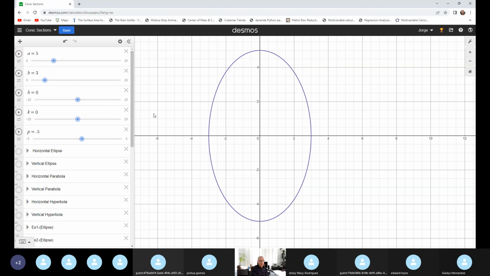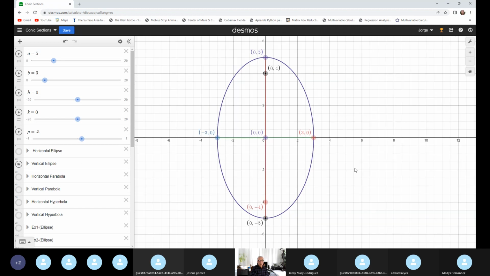And identification that we are talking about a vertical ellipse. Boom, look at that. It says center, vertex 0,5, 0,-5, endpoints of the minor axis 3,0 and -3,0, and the foci are located at the points 0,4 and 0,-4. Boom, end of the story.